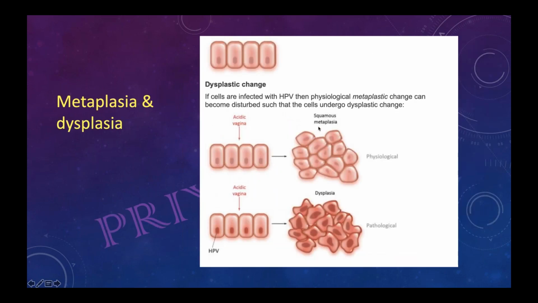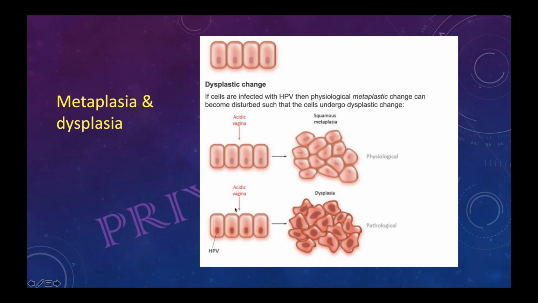Apart from this, this part is important to understand. Whenever there are changes in the pH, there are changes in the vagina. Because of these changes in the vagina, squamous metaplasia occurs. These are the changes in the cell because of the change in the pH, so it is physiological. Okay, so this part is a simple thing.